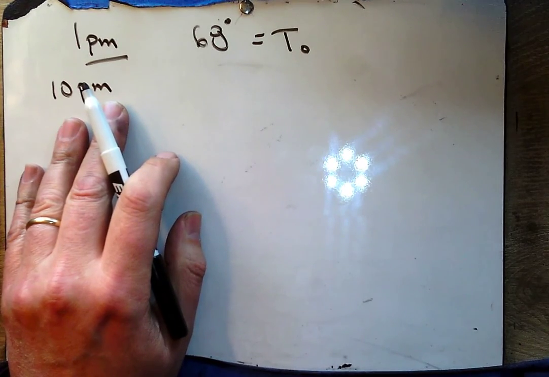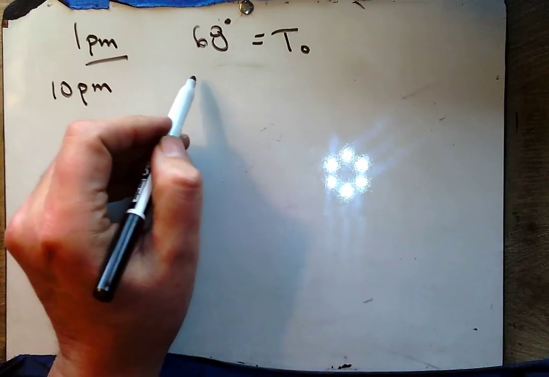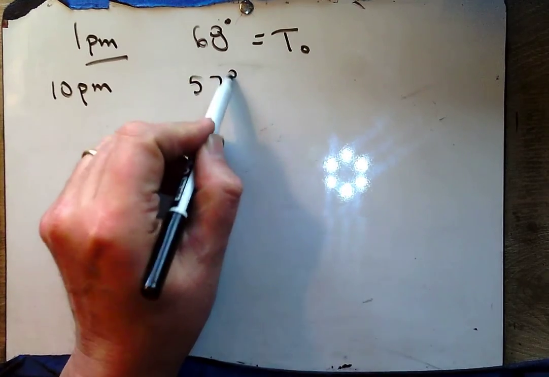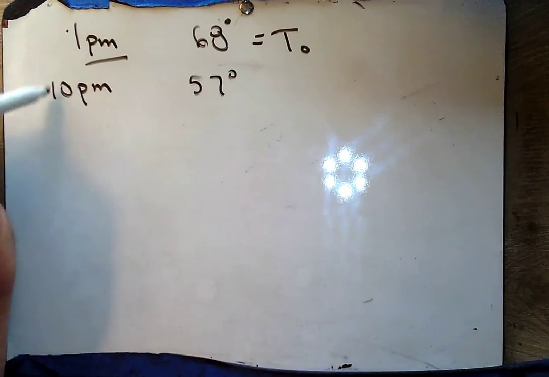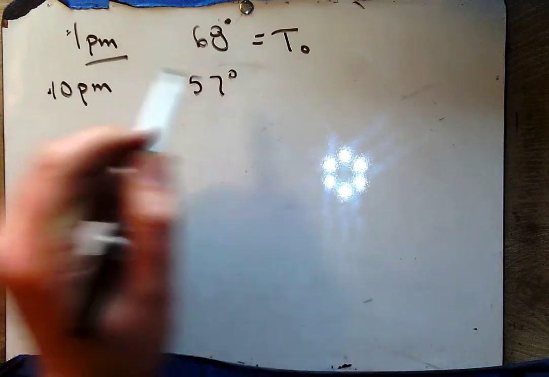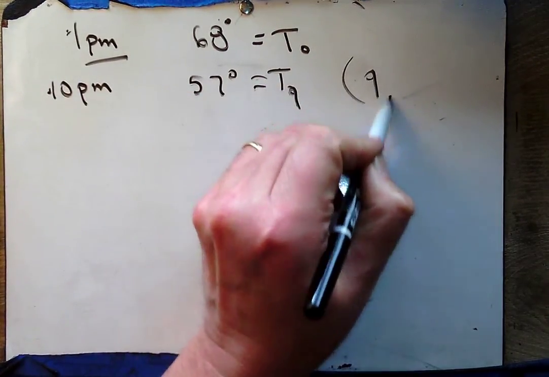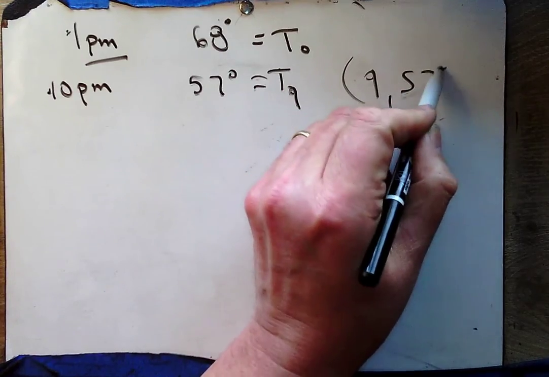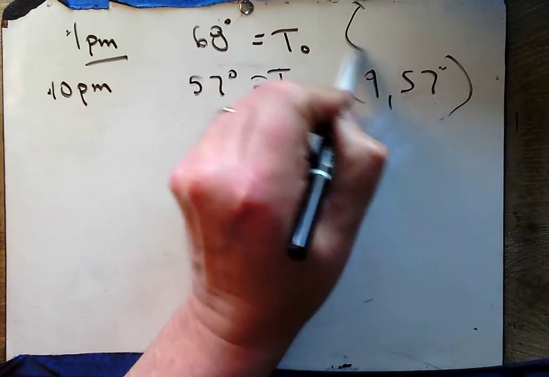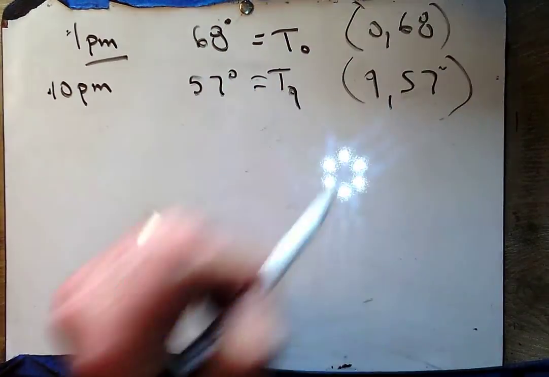So there's no lights. So I go to bed at 10 p.m. and notice that the temperature is 57 degrees. How many hours later is that? It's 9 hours later. So that's T equals 9. If you prefer, 9, 57. And this would be 0, 68.